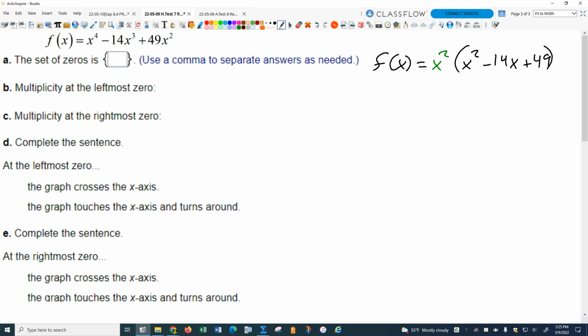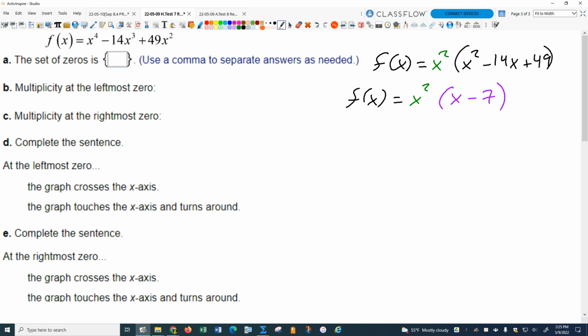Okay, and so now there's our GCF. We've got a quadratic trinomial. So what are we going to look for now? Magic numbers, right? We're going to see if we can factor that trinomial. Are there magic numbers that multiply to 49 and add to negative 14? Yeah, negative 7 and negative 7. Okay, good. So then we end up with f of x equals x squared times x minus 7 and x minus 7.